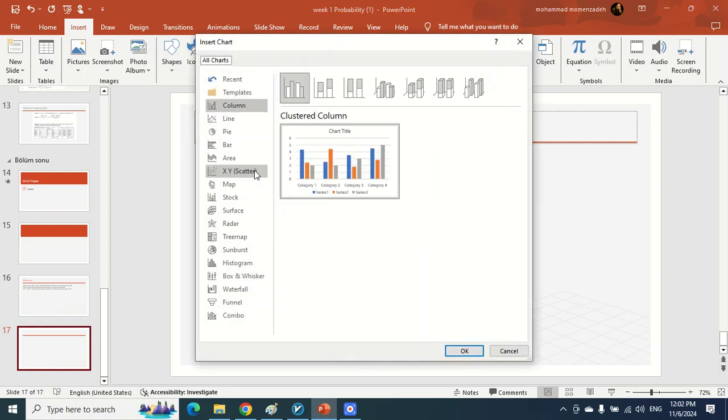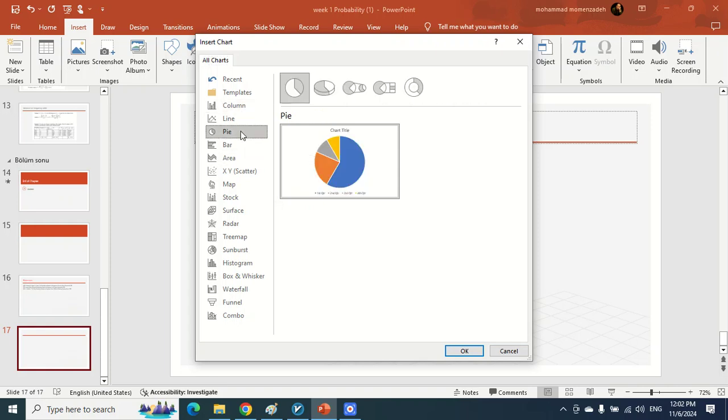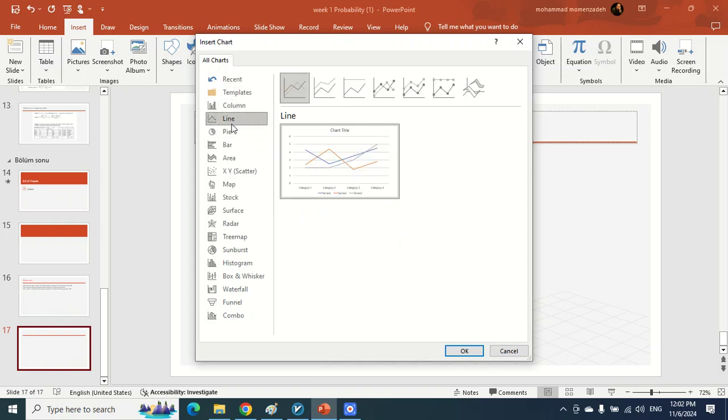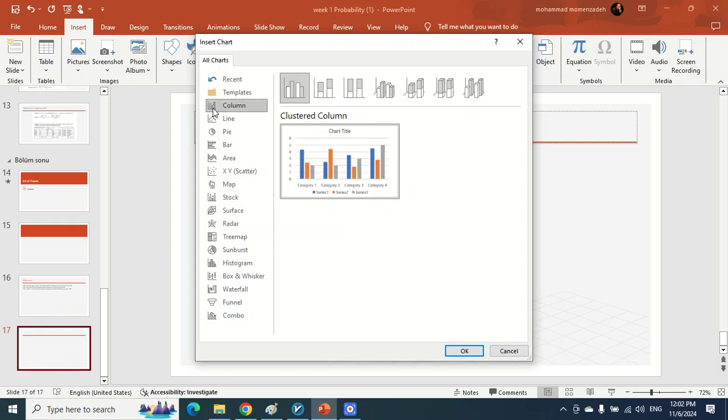If you take a look at the charts, you can find the pie charts by putting in the information. You can sketch that type of nice graph as well, and you can find the line graph. It's like the polygon graph that I talked about, and also the column one, which is the histogram graph, that you can find with different versions and different shapes of graph.